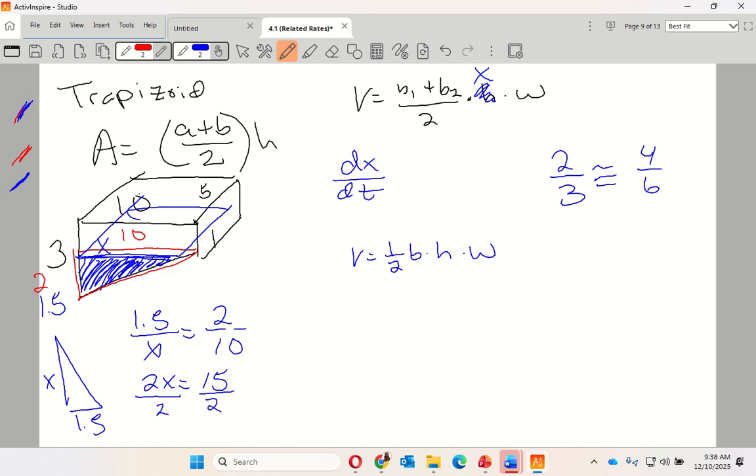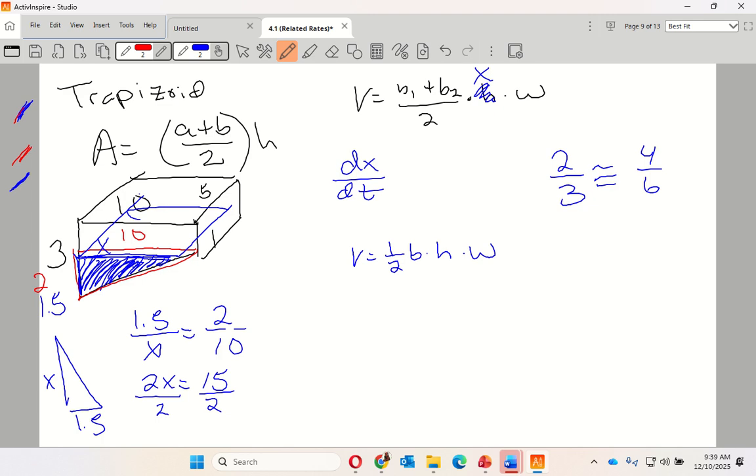What does change is, in this right here, I have a base, which is this value here. I have a height, which is this value here. So let's look to see what we have, because I have too many variables right now. So this is going to be my height.